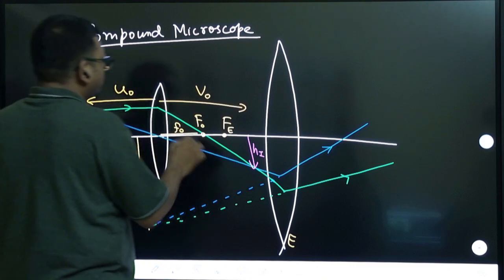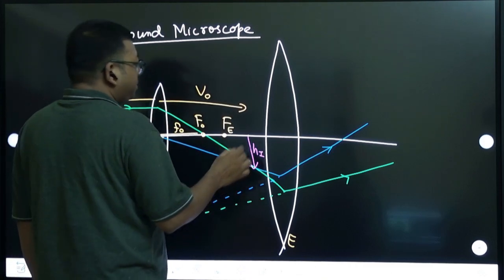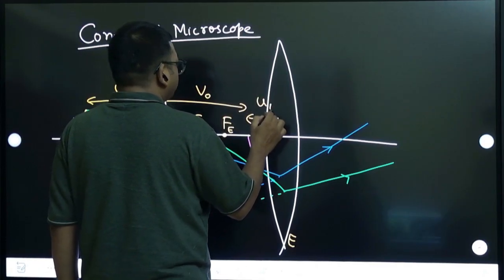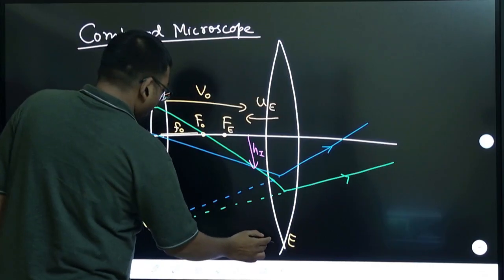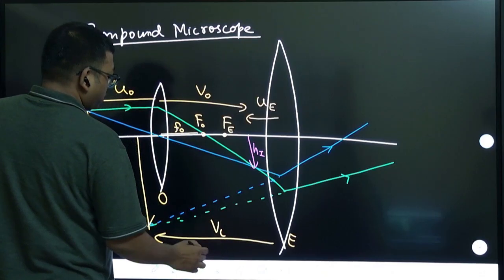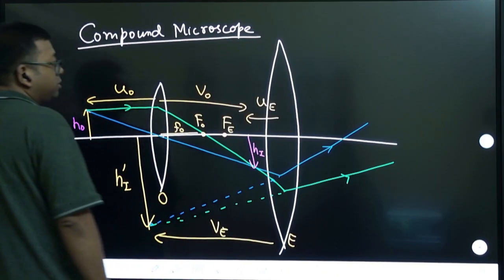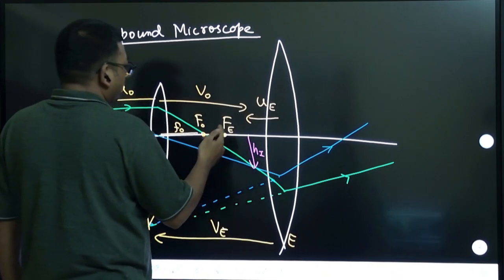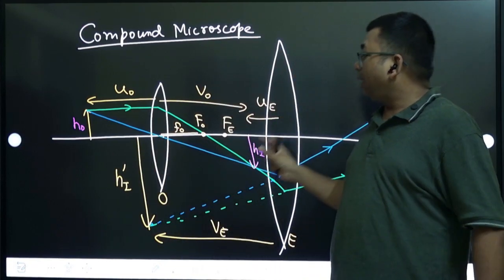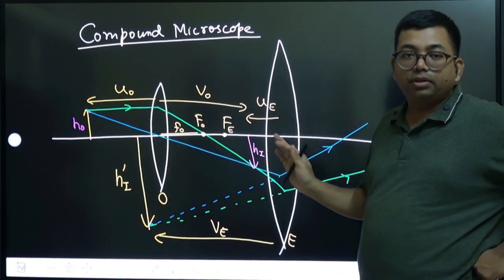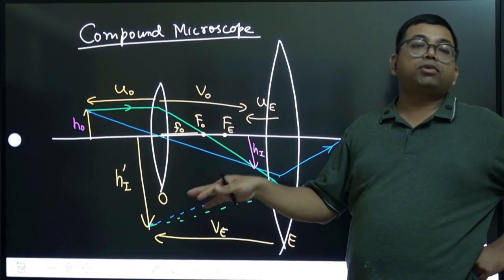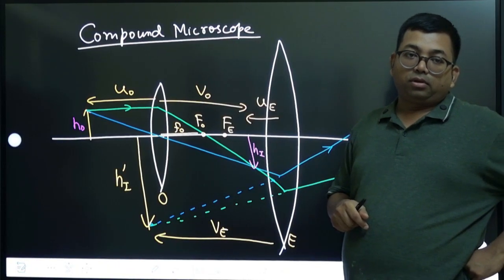This is the focal length. For the eyepiece, this is the object distance and this is the image distance of the eyepiece. So this image which is formed by the objective acts as an object for the eyepiece, and this should lie within the focus so that we can get the virtual image of that, right?